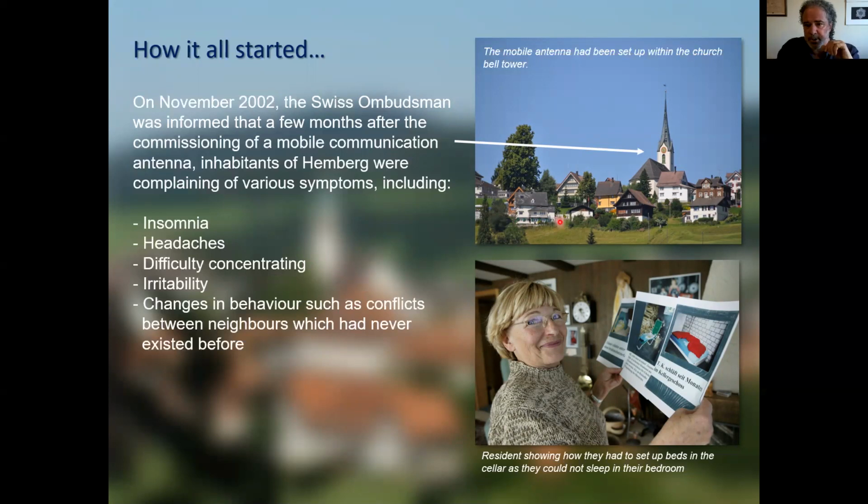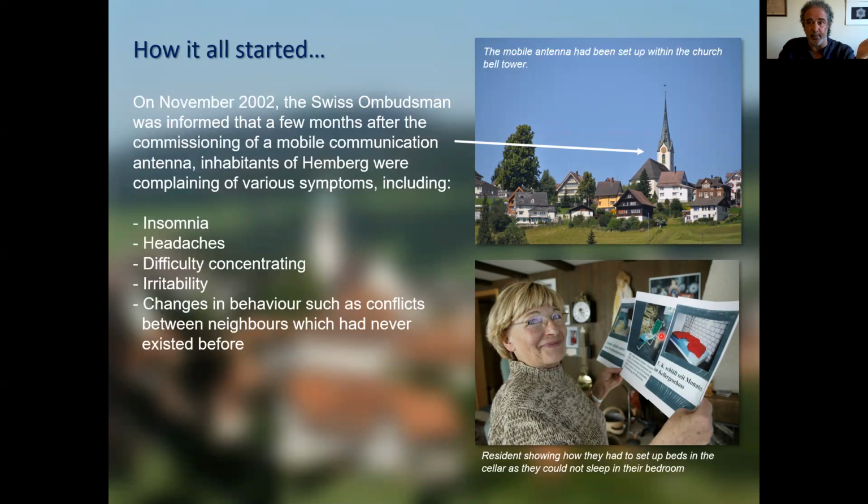Now, in the pictures we see here, first of all, up here, you see where the mobile antenna was. It was actually placed inside a church steeple. But as you can see, it's smack in the middle of the village. Now, this is one of the residents showing pictures of how, during this time, when they were being affected by the radiation from the mobile antenna, the only way she and her husband could sleep was to set up bed in the cellar next to the firewood.